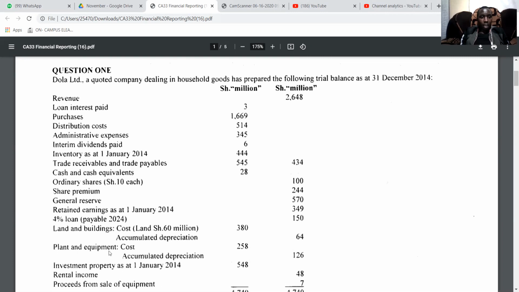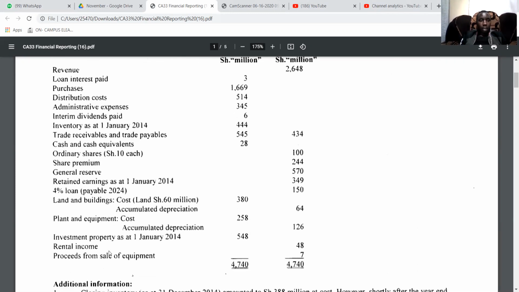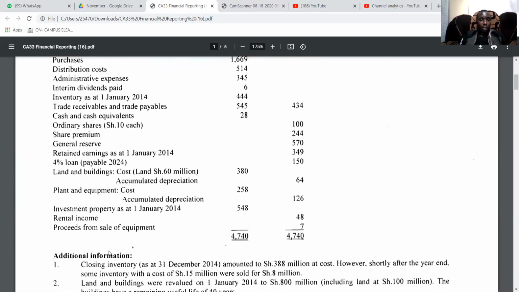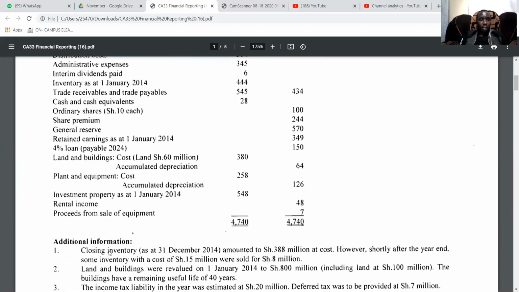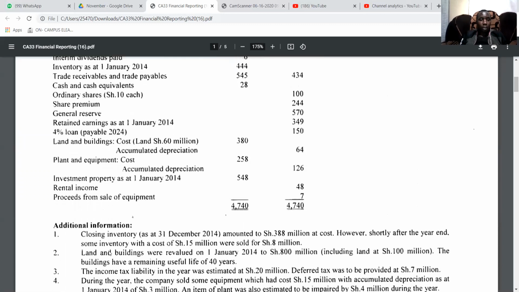Remember, that is a loan which is payable after 12 months. For land and building, you have the cost, whereby for land the cost is 60 million. Accumulated depreciation is provided, plant and equipment cost and accumulated depreciation, investment property, rental income, and proceeds from sale of equipment.